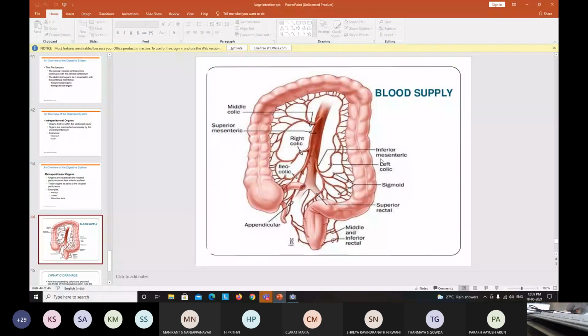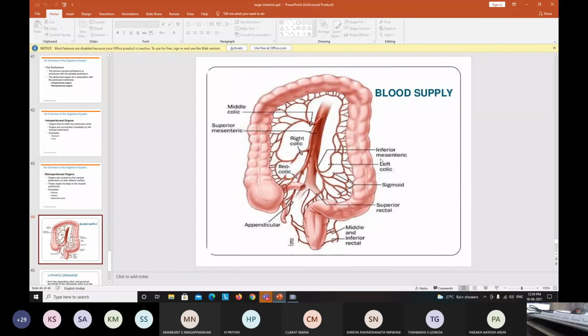Now come to the blood supply. So you know already mesentery. What do you mean by mesentery? Omentum, mesentery, which are again related to the peritoneum. So superior mesenteric artery and inferior mesenteric artery.